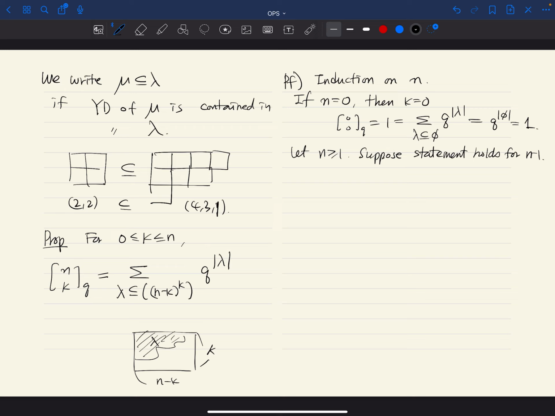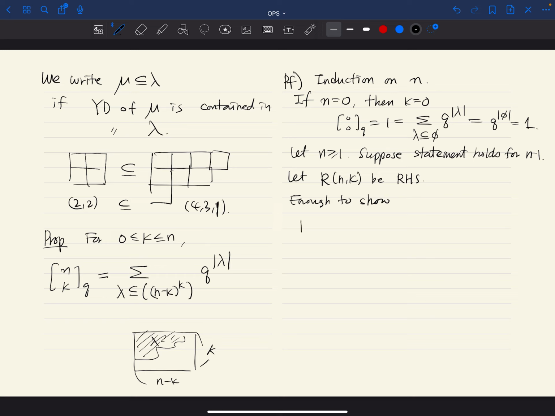Let R be the right-hand side. It is enough to show that the right-hand side satisfies the same recurrence.